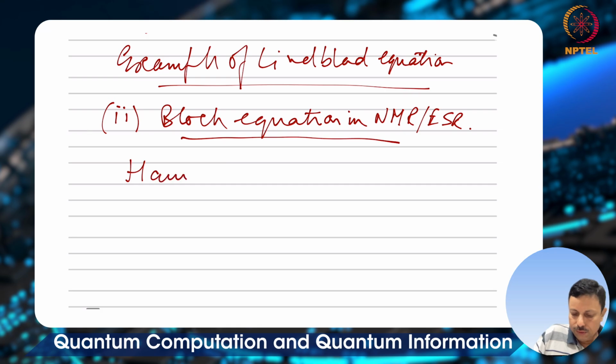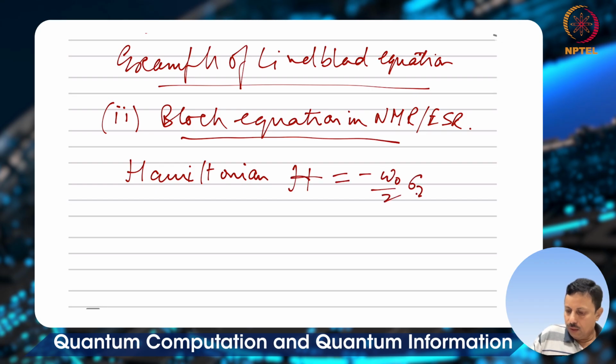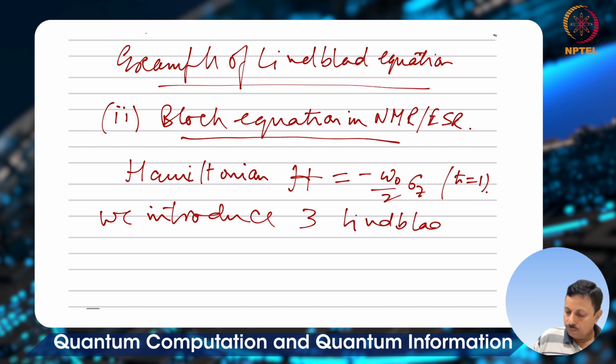The Hamiltonian is H equal to minus omega naught by 2 sigma z. We are again taking h bar equal to 1. Okay, so we have this equation from the last time. Now we introduce three Lindblad operators, and they are as follows.